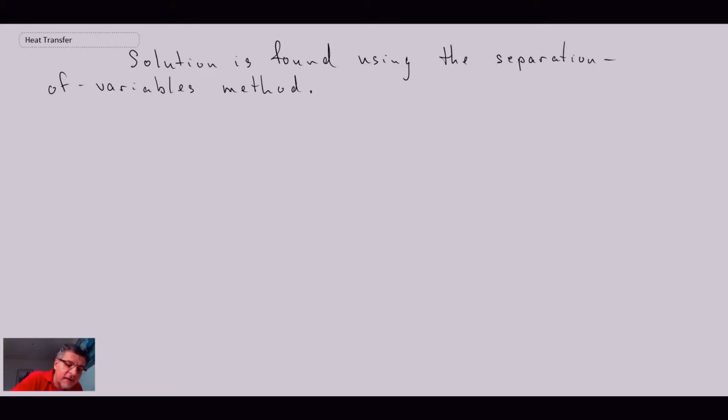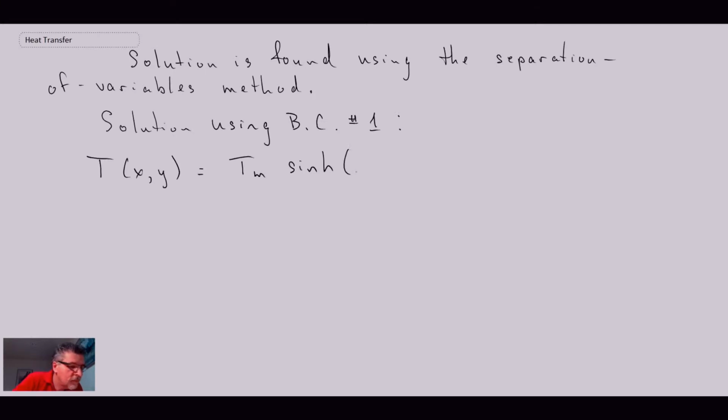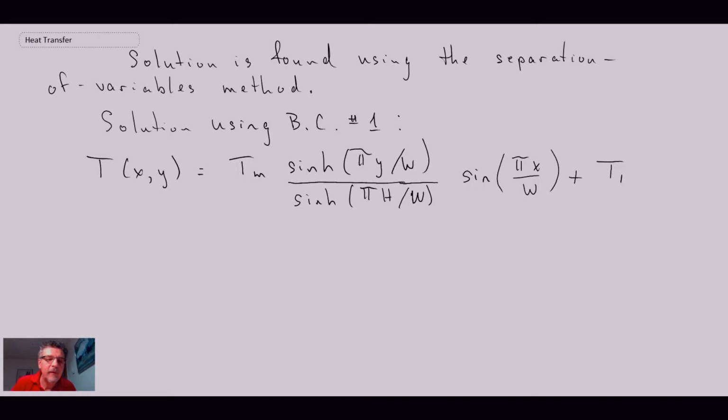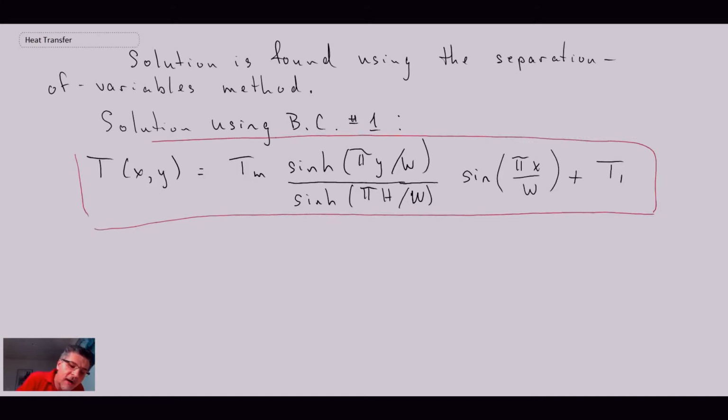So let's take a look at the solution to boundary condition number 1. That's what we get with boundary condition number 1, and it's not too complex of a function. We do have hyperbolic sines in there. But let's take a look at what we get when we use boundary condition number 2, and that will make this solution look a lot better.